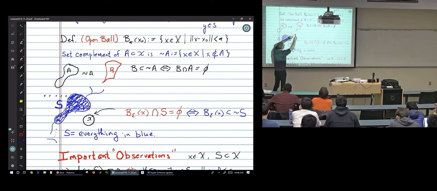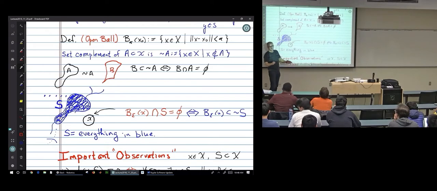No, here's the complement. If you put a point here, is it in the interior? No. If I put a ball around it, it always intersects the complement no matter how small the ball is. So the distance of this point to the complement of P is 0. So it's not in the interior, okay?